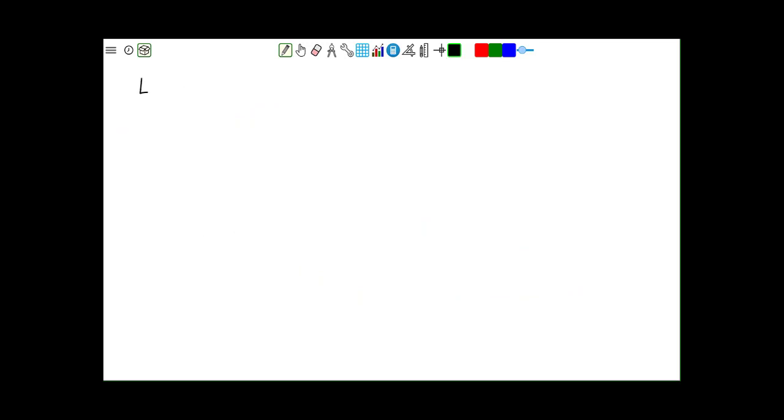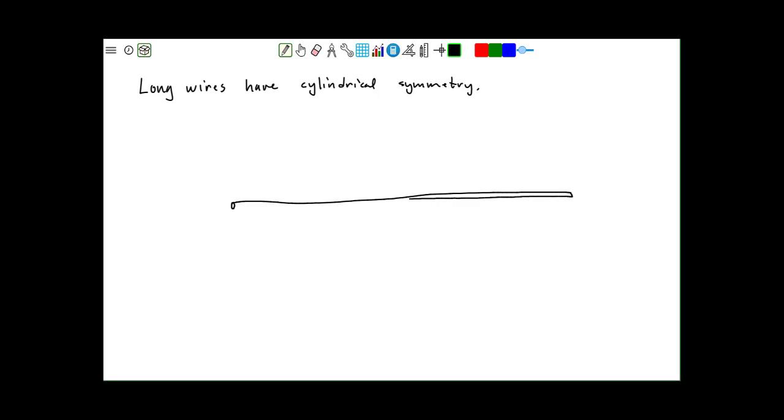So we could say that long wires have cylindrical symmetry, because the electric field, due to a long line of charge, points radially away from that long line of charge.